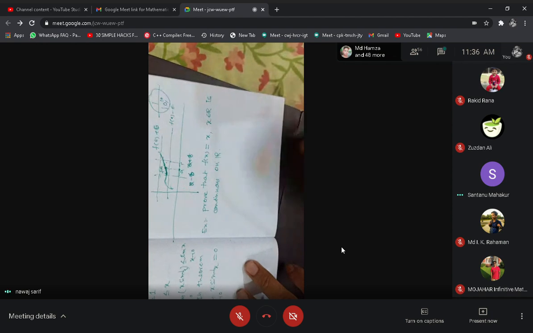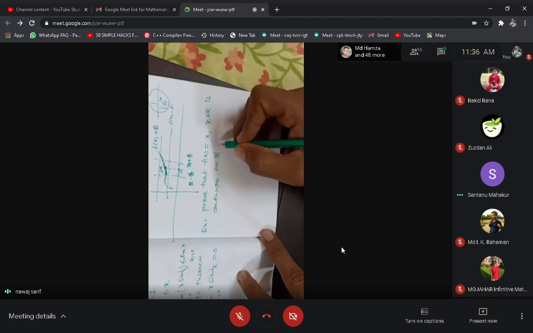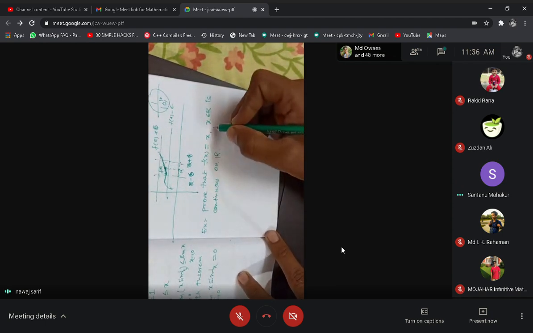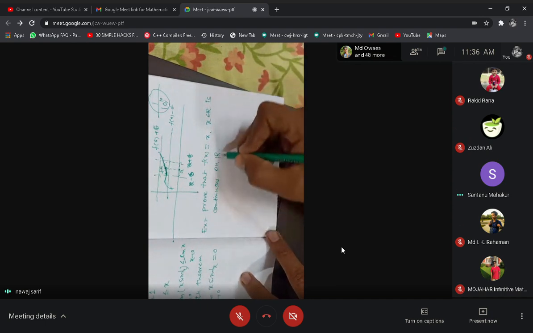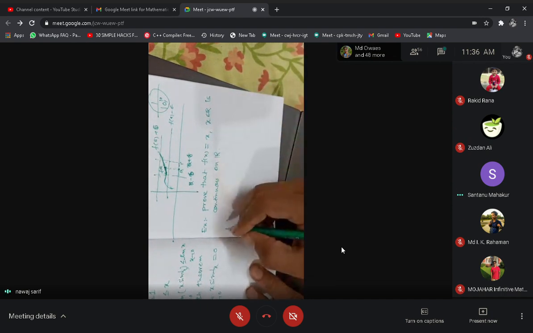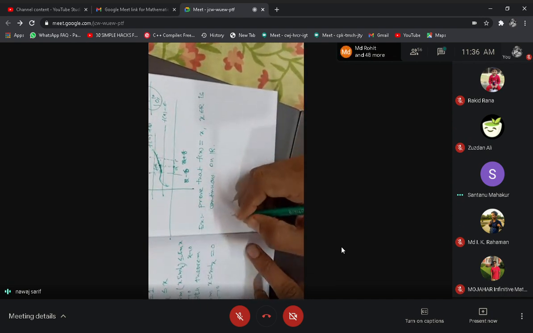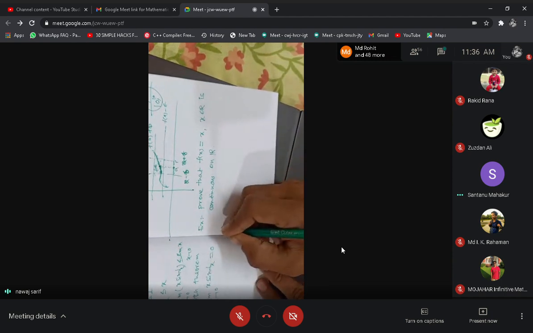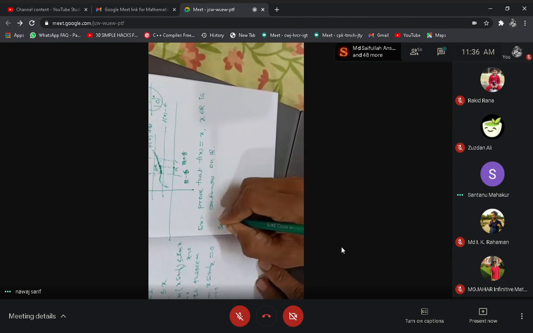So in this example we have to show that f(x) equal to x, where x is a real number, is continuous on R, using the epsilon delta definition. So write down the solution.